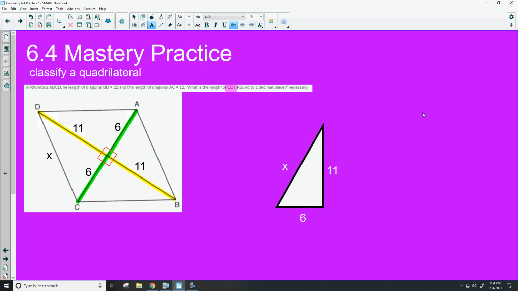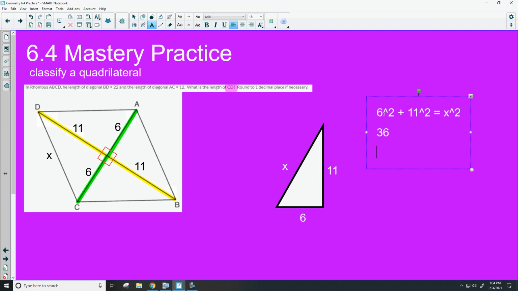This is a right triangle, so legs 6 squared plus 11 squared has to equal the hypotenuse squared.